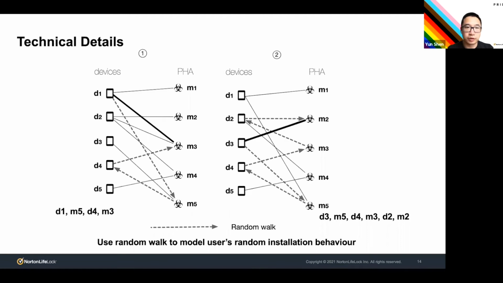For example, if device D1 installs malware M5, we take a random walk along all the observed PHA installation paths. Take this one for example: M5 is also installed on D4, and D4 also installs M3. If our system models this random behavior, we would propose that you may actually encounter PHA M3 in the future.